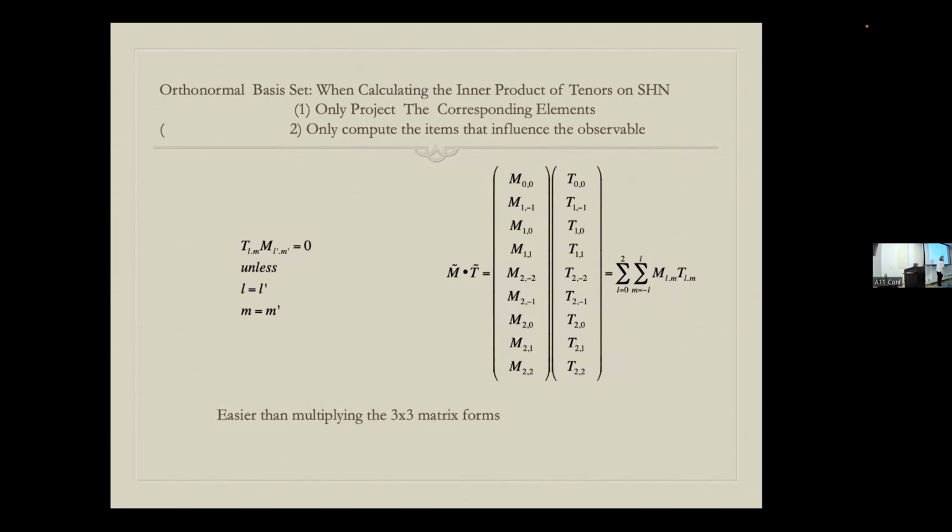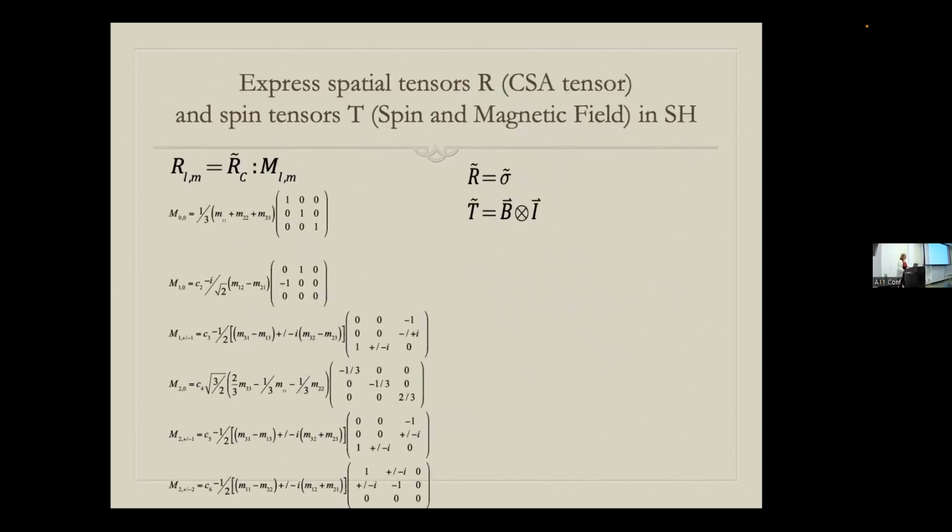L goes from 0 to 2, and then M goes from minus L to L. And then I just multiply M with index LM times T with index LM. And I don't do any cross multiplying things. So it's 9 multiplications. It's much less computation than multiplying the rotation matrices, much less.